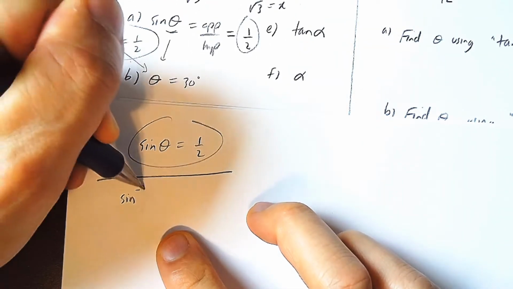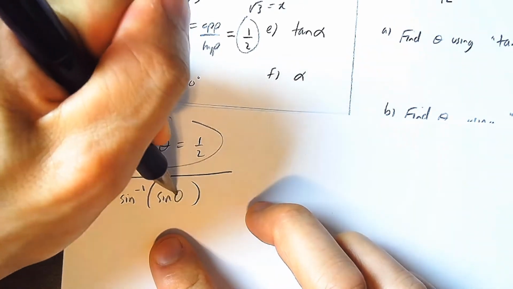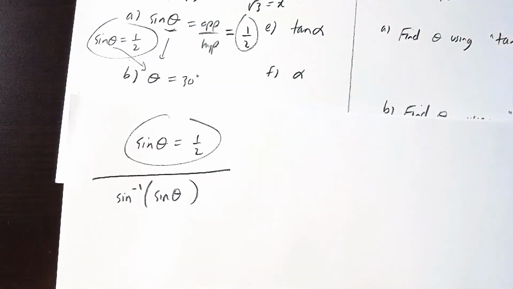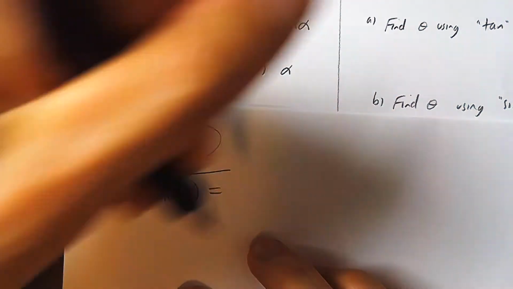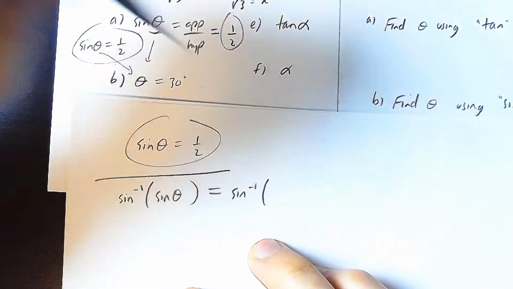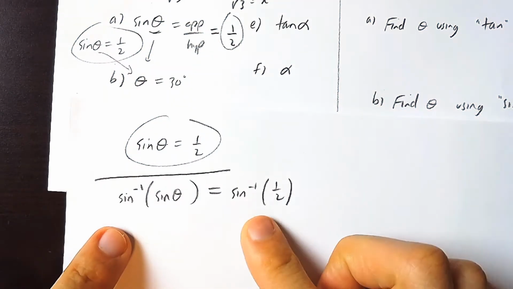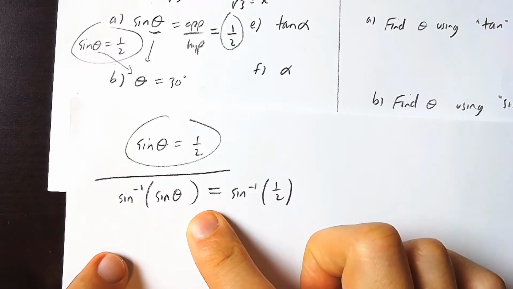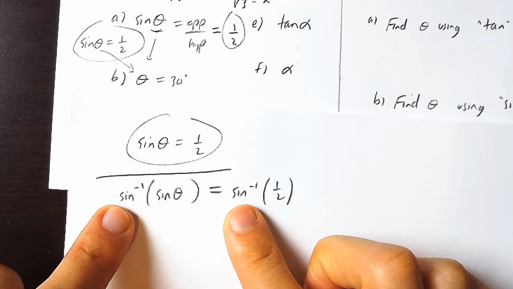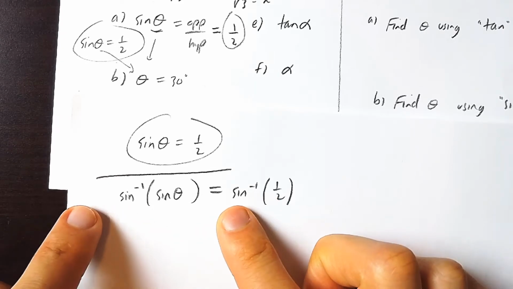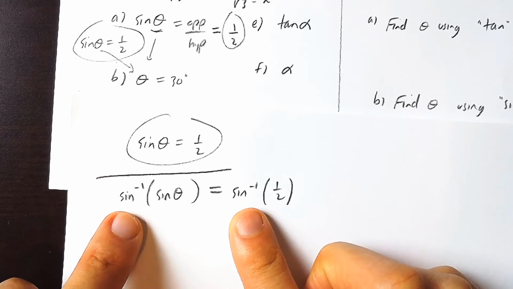We're going to trig inverse the left side, which is sine theta, and there's an equal sign in the middle. And we're also going to trig inverse the right side, which is 1/2. So you can see that in math, when there's an equal sign, you're allowed to divide both sides, multiply both sides, add to both sides, subtract. You're allowed to do the same thing to both sides, including this operation called trig inverse.